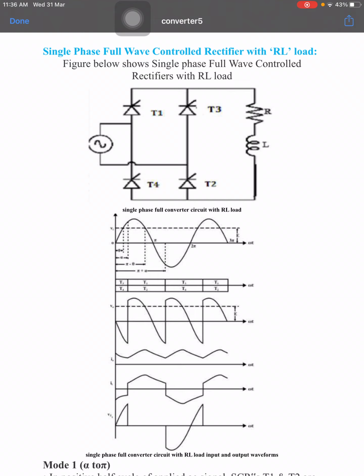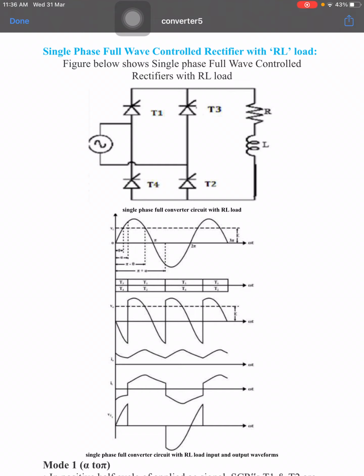Constant continuous current flows when you are using all 4 thyristors. T1, T2 on, T3, T4 off; T3, T4 on, T1, T2 off, but the angle should be different. In the positive half cycle T1, T2 are on from alpha to pi or pi plus alpha, depending upon the load.